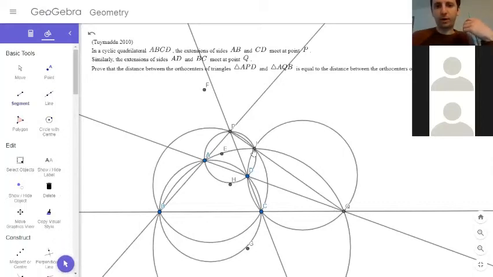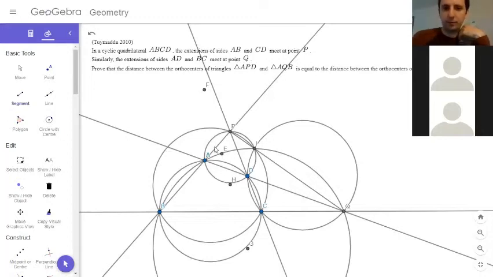Whenever you have a cyclic quad, the Miquel point is collinear with P and Q. And so the circles with diameters AC, BD, and PQ are coaxial. Okay, I'm going to take that theorem for granted for now.